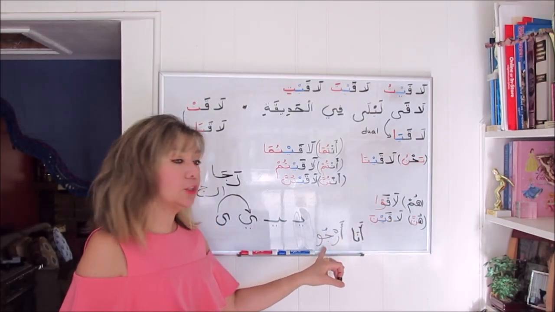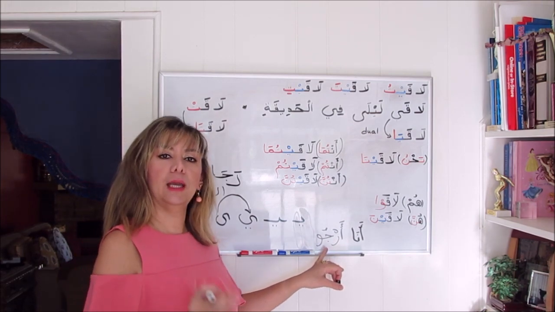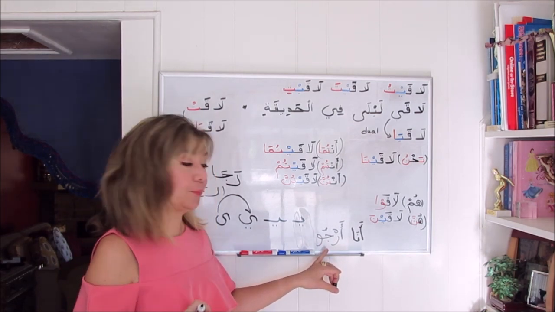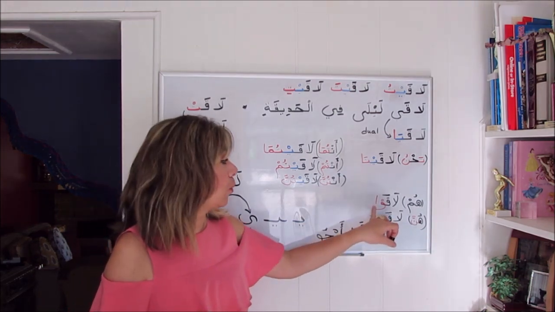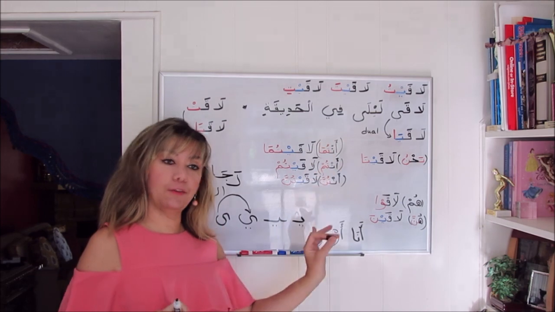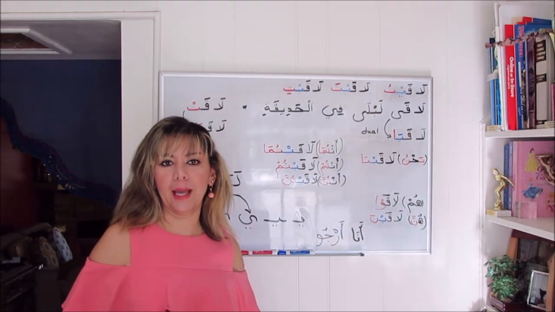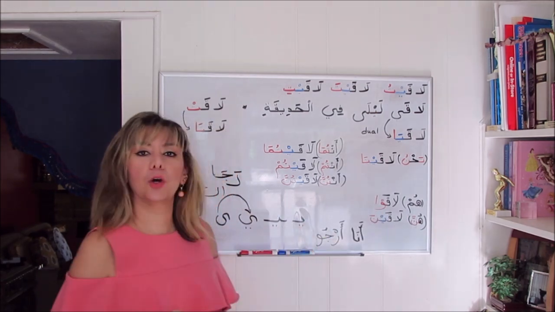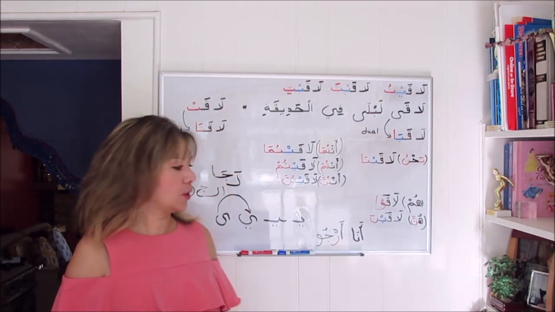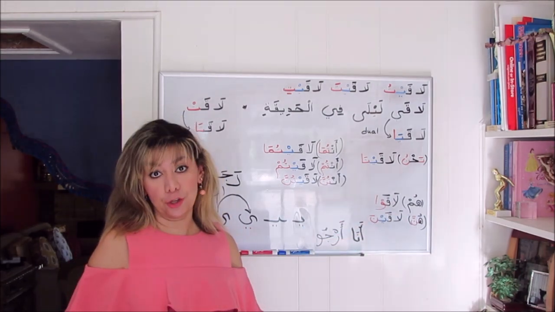So the original waw is not followed by an alif, a distinguishing alif. Alright? Contrary to this collective waw that we use as a suffix, which has to be followed by an alif to distinguish it from this original waw. So this is part of the verb and this is not.